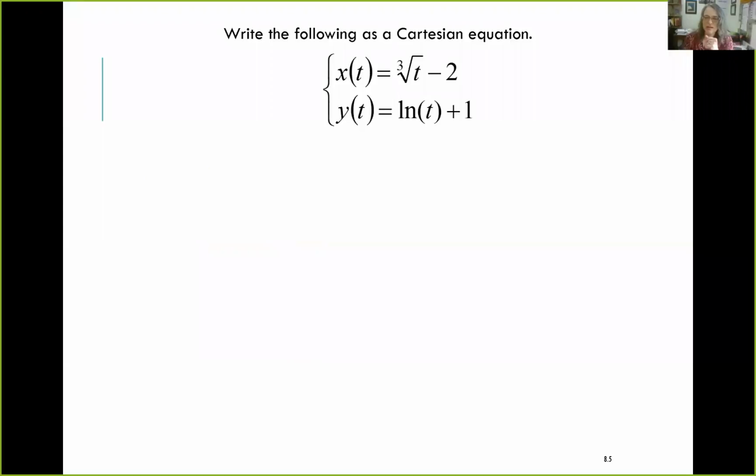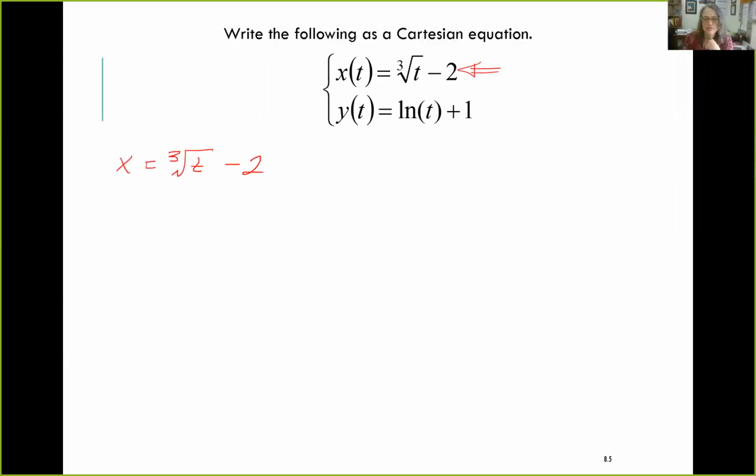Okay, let's try this again. This one's a little bit more complex, but again, it's not that bad. Just pick one of the two equations to solve for t. You can do either one. I'm going to use this one. So x equals the cube root of t minus 2.